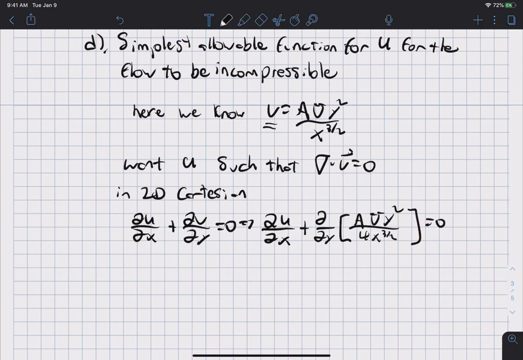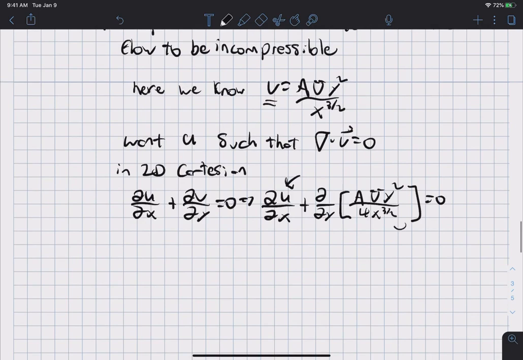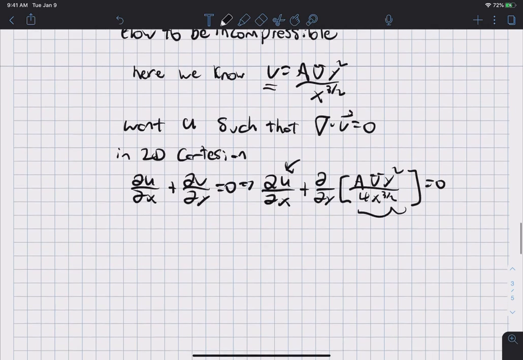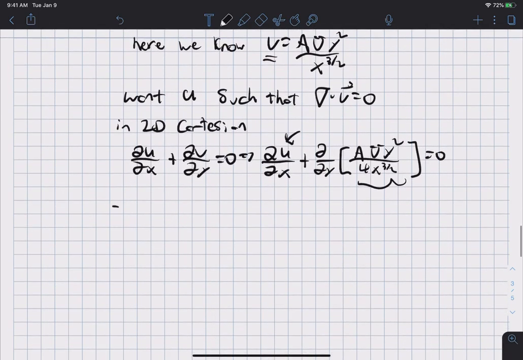Okay, and this has to equal 0, because again, we are finding a function for u to basically make the statement true. Okay, and so we take the y derivative of this and substitute that. So this implies that partial u, partial x, plus a over 2 u y over x to the 3/2 power is equal to 0.